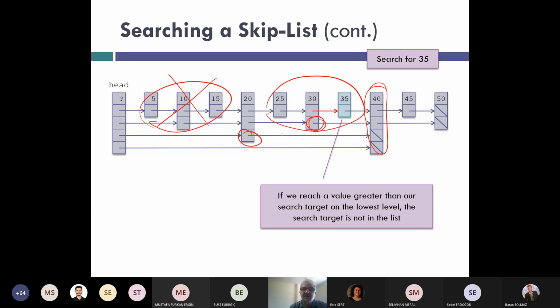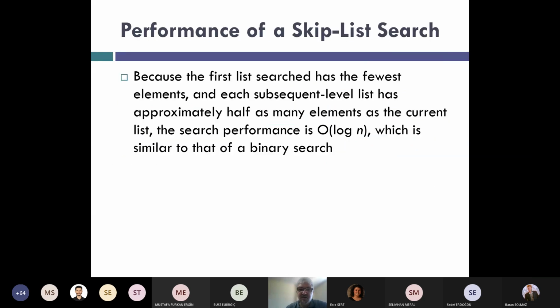By comparing 30, half of the elements are discarded, etc. So it is like a binary search. You discard half of the elements after each level. Because the first list searched has the fewest elements, and every successive level has approximately half as many elements as the current list, this search performance is logarithmic, which is similar to binary search.